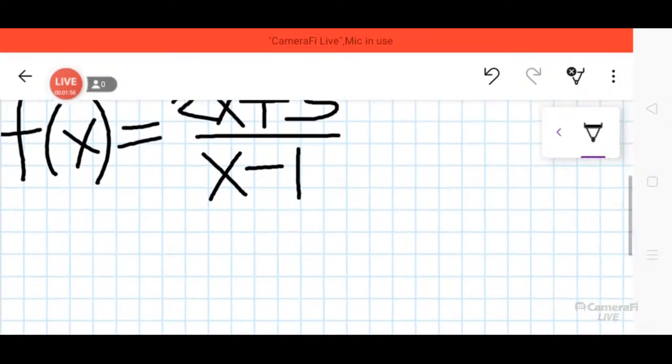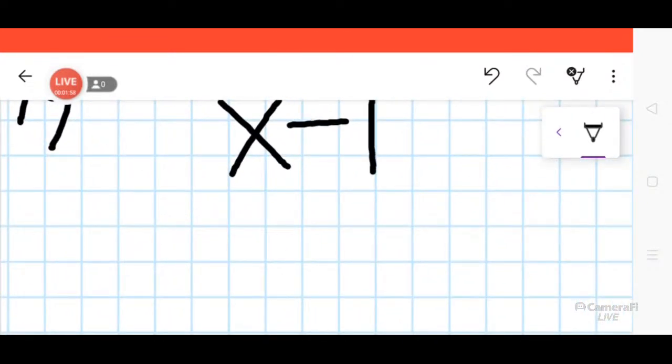There are 2 asymptotes when you are graphing rational functions, vertical and horizontal, and there are 2 different ways of getting them.